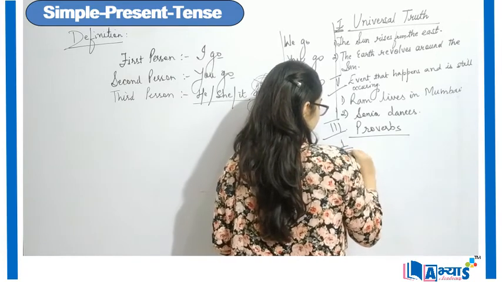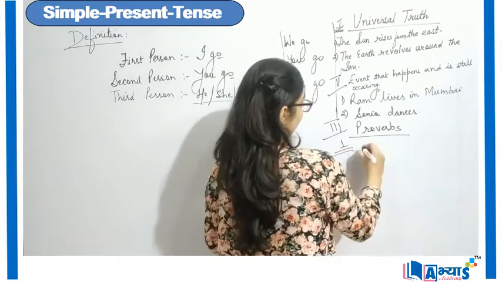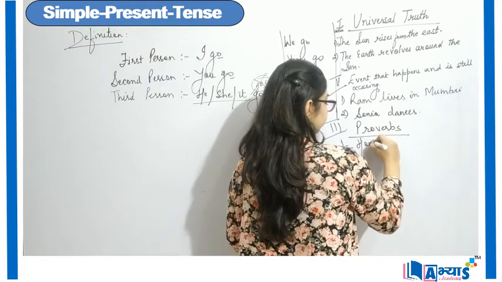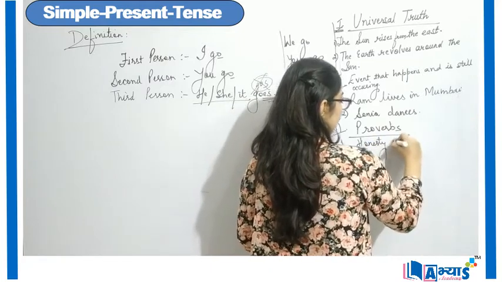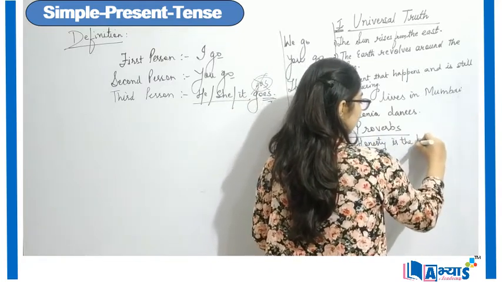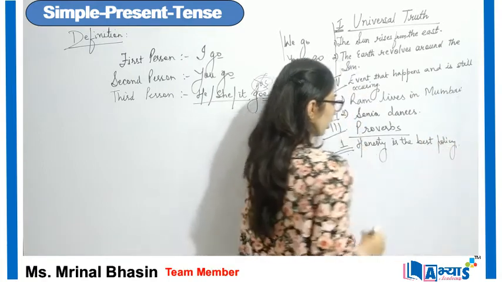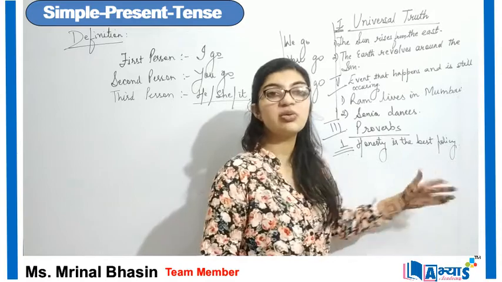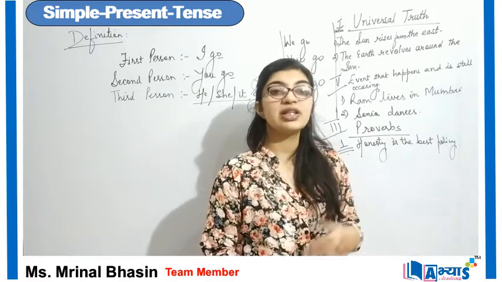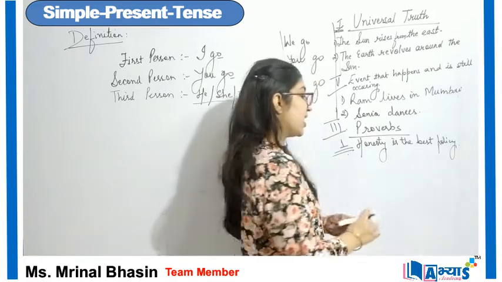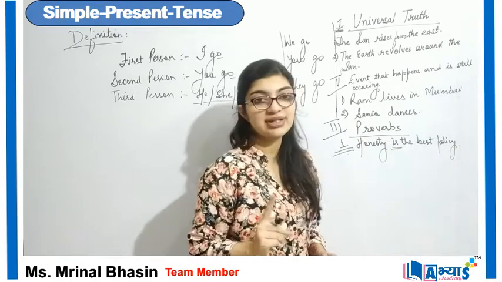So the example is, honesty is the best policy. I cannot say honesty was the best policy. Honesty will be the best policy. Is always for present tense.